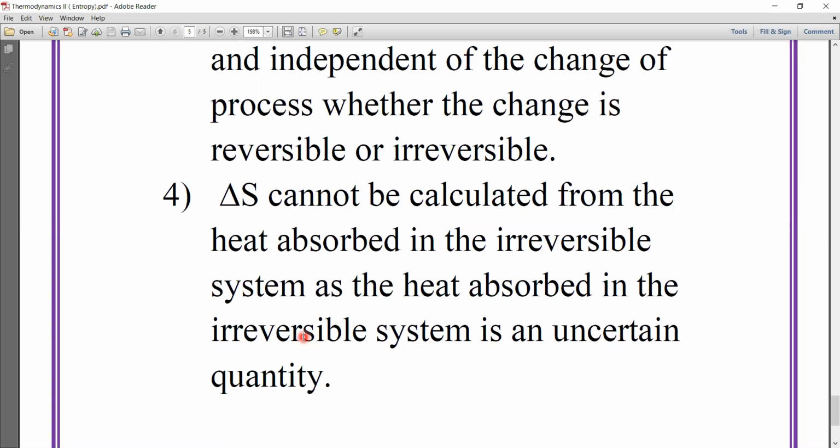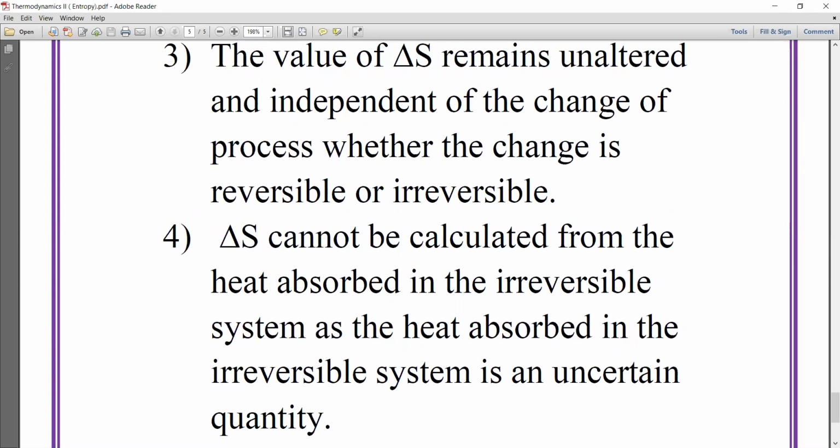So we cannot calculate the value of delta S, that is the change in entropy, in the irreversible process. So this is the concept of entropy.